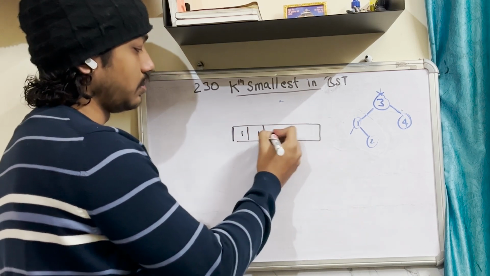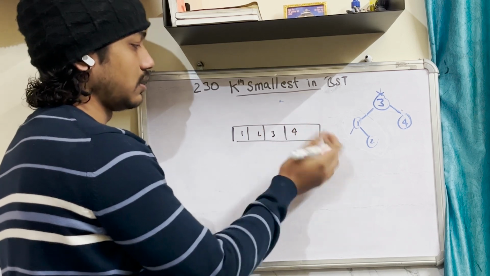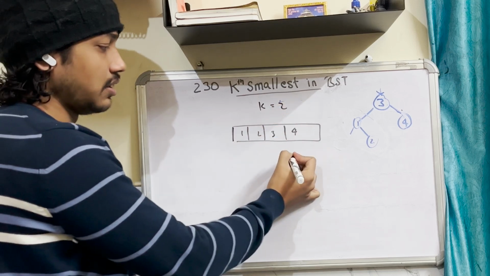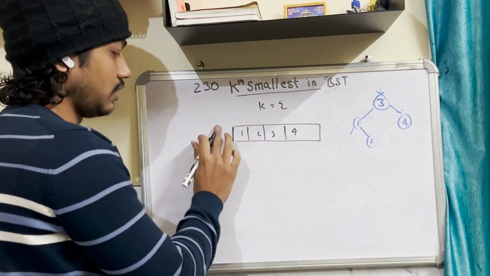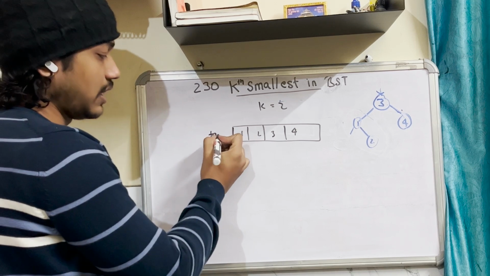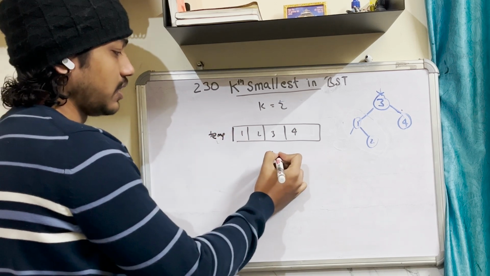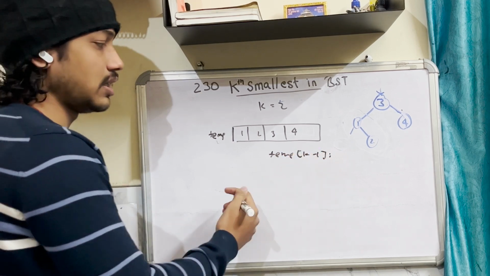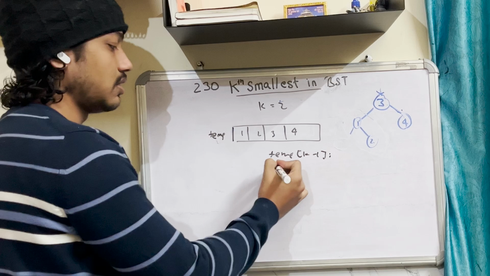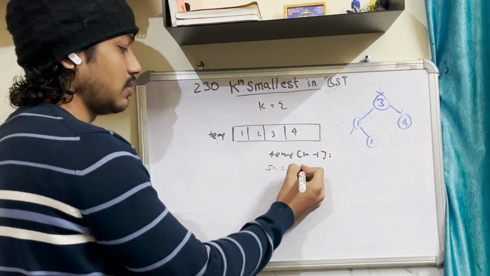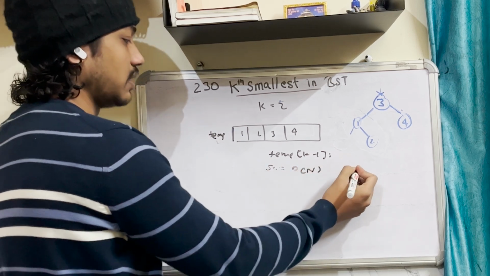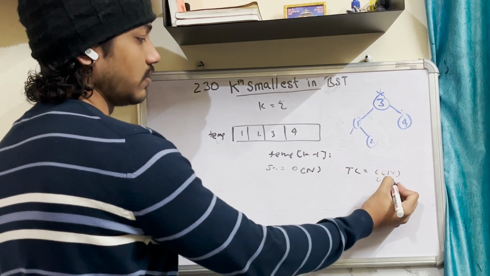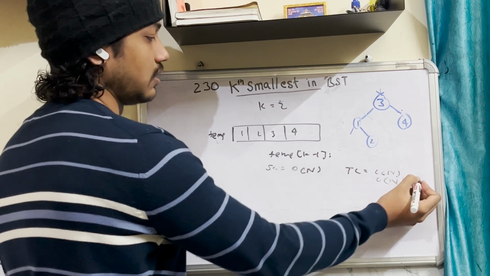And if it is asked k equals 2, second smallest value, if this is your temp vector or temp list, you can simply return temp k minus 1. This will work, but the space complexity of this problem will be big O of n, and the time complexity will be big O of n to traverse, plus big O of n log n.